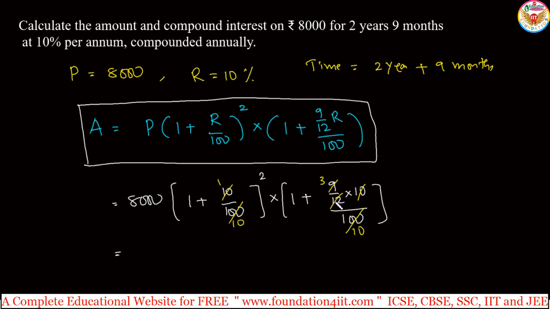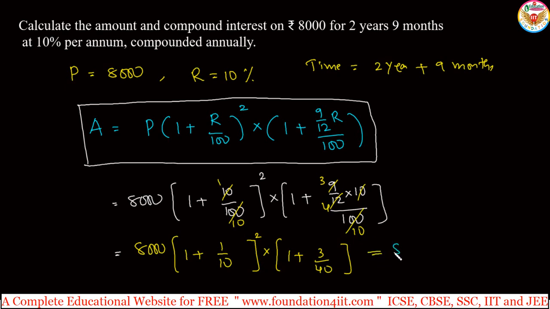Or cancel more: 9 and 12, 3 threes are 9, 3 fours are 12. After cancelling, in the first bracket we get 1 plus 1 by 10 whole squared, and in this bracket 1 plus 3 by 4 by 10, so 3 by 40, because 4 and 10 are both denominators.